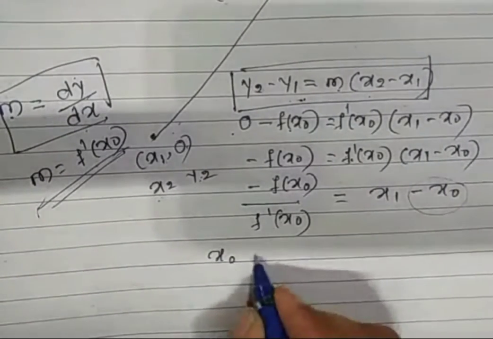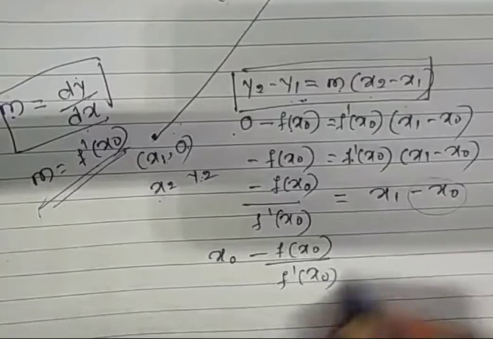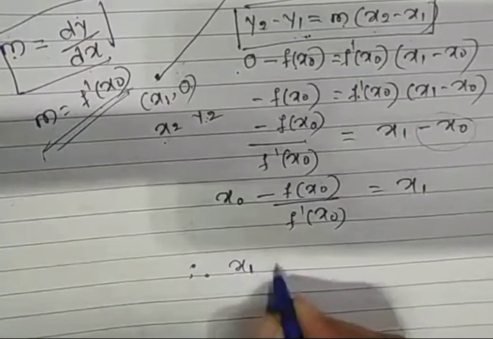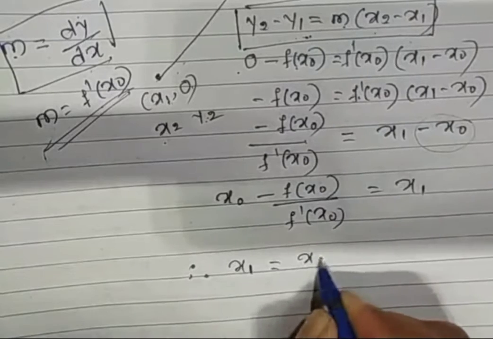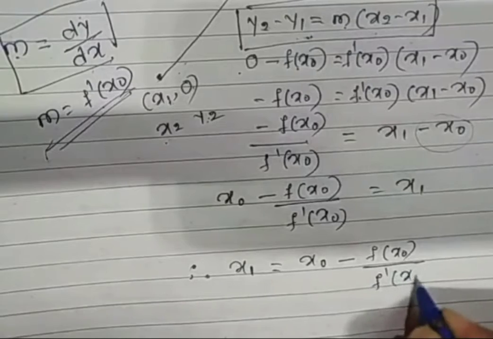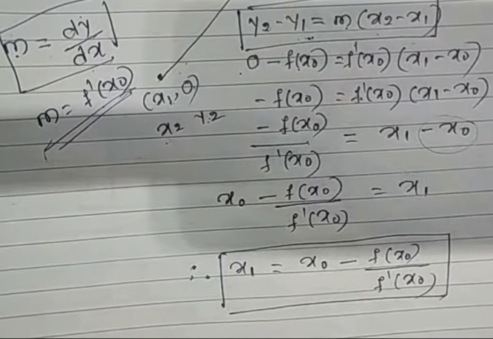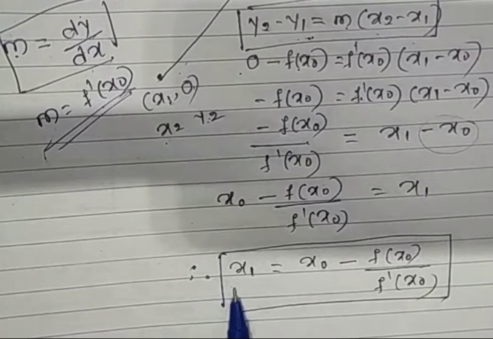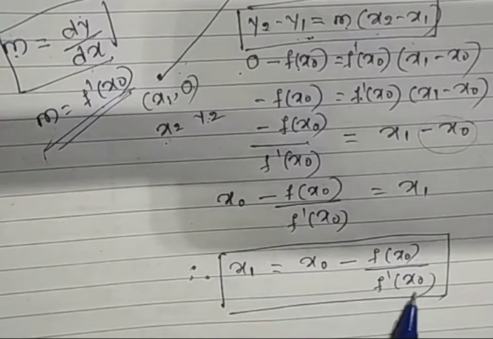So x naught minus f of x naught divided by f dash of x naught is equal to x1. Therefore, the required first approximation formula is x1 equals x naught minus f of x naught divided by f dash of x naught. With the help of this formula, we can easily calculate the first approximation, that is x1.